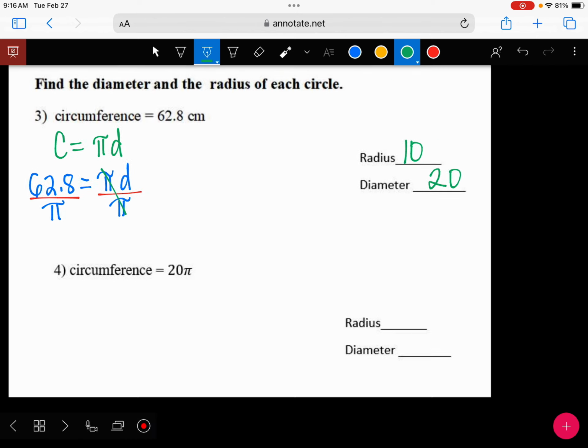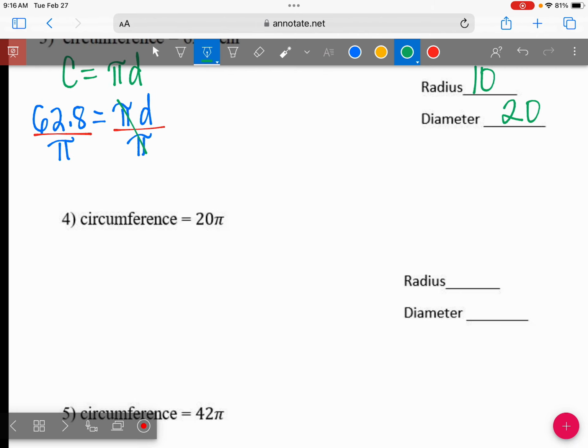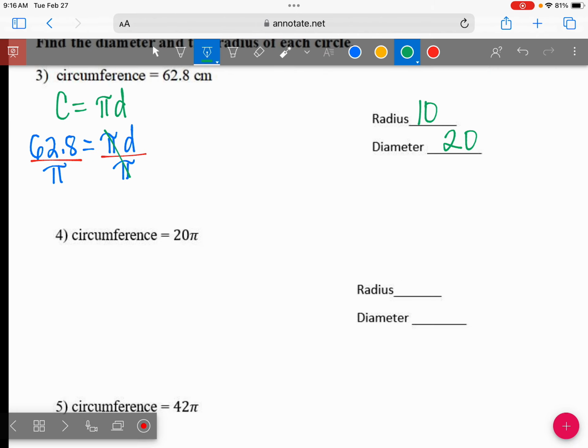All right, let's look at number 4. So again, we have our circumference, which is 20 pi. So I'm using the same formula. Circumference equals pi times diameter. So if my circumference is 20 pi, and that equals pi times diameter, I'm going to divide both sides by pi. So go ahead and take 20 pi divided by pi to get your diameter.